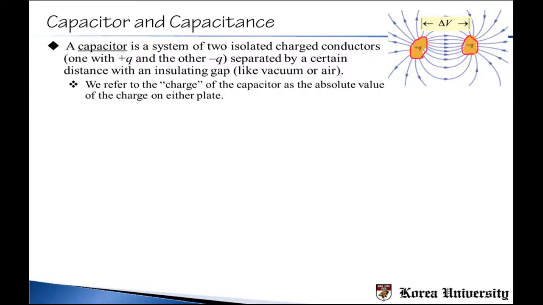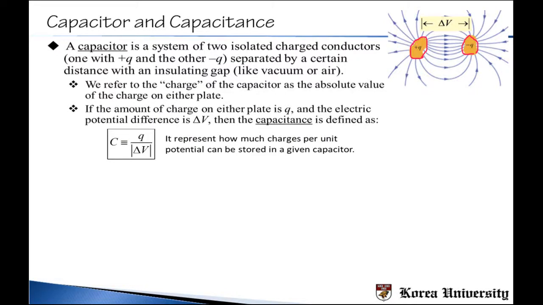Even though there is plus Q and minus Q and the net charge looks like 0, we are still storing a certain charge on these two plates. So when we say we store charges here, we do not mean the combined total charge of the two plates, but the absolute value of the charge on one of the plates. That's what we mean.